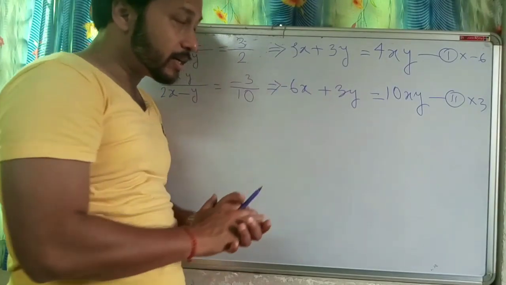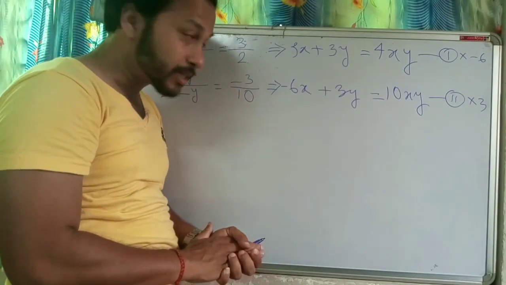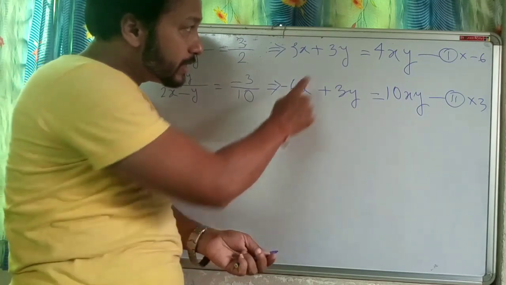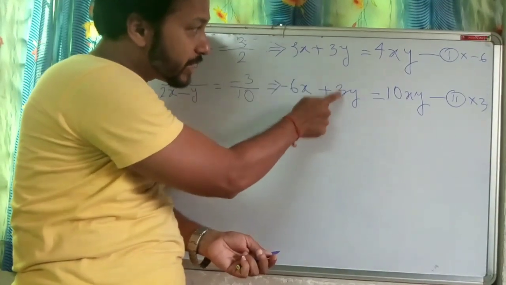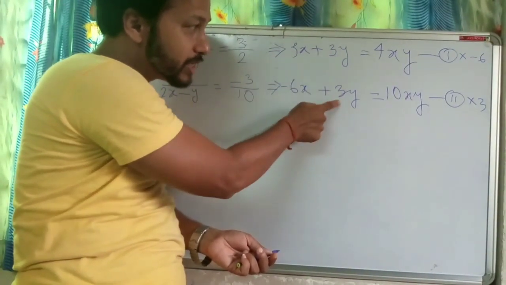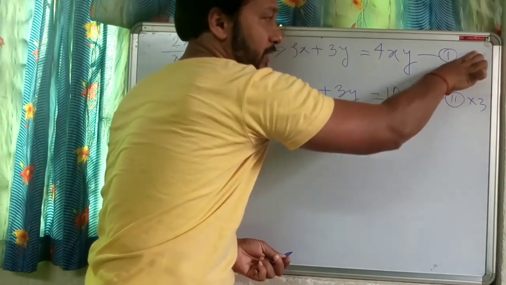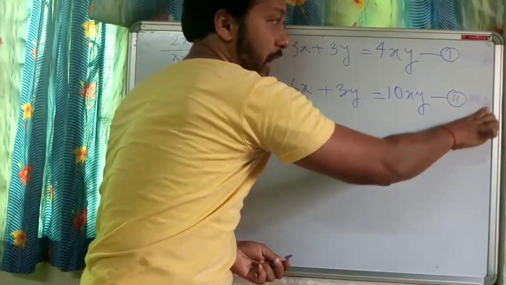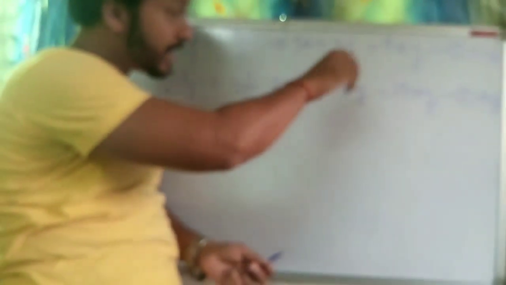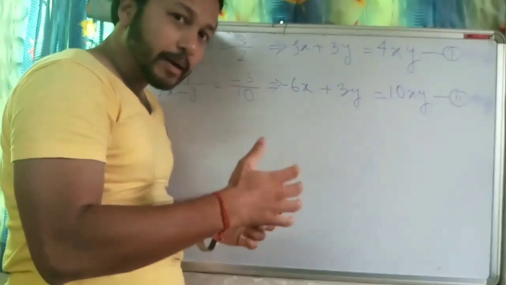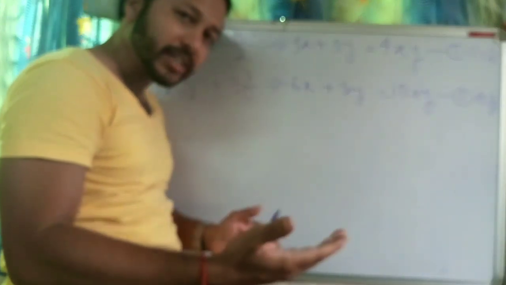But here I want to tell you something. See, this 3y, 3y, these portions are equal. If these portions are equal, no need to multiply this. I'm not saying that if you multiply and go accordingly, the sum is wrong. No, that is also correct.